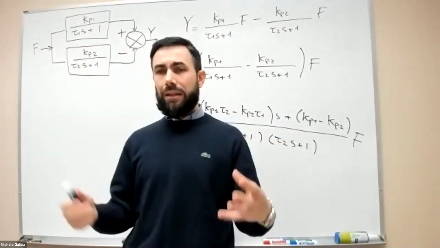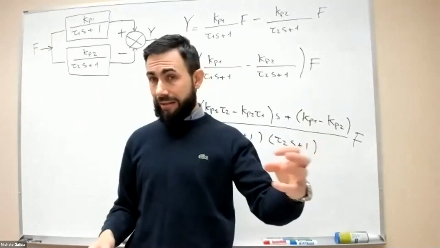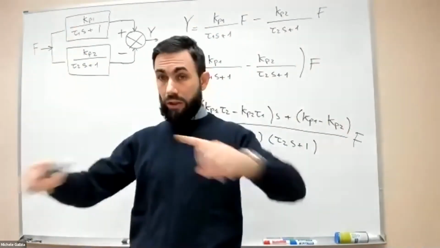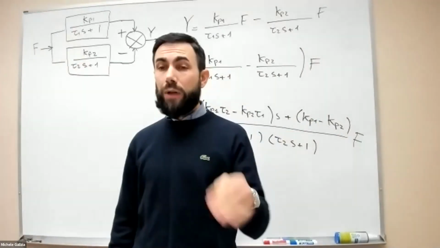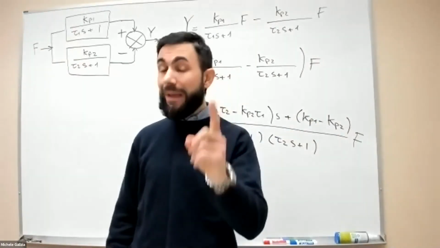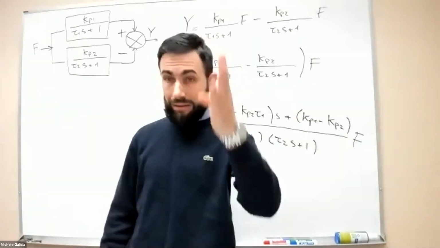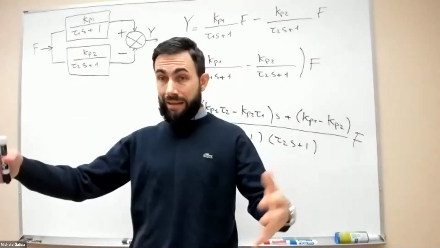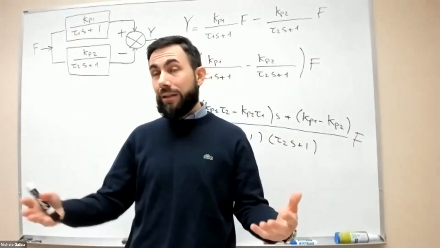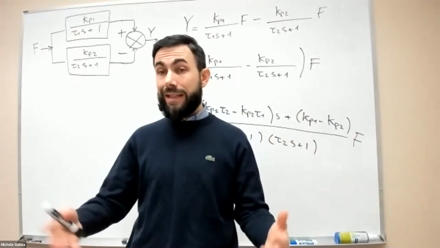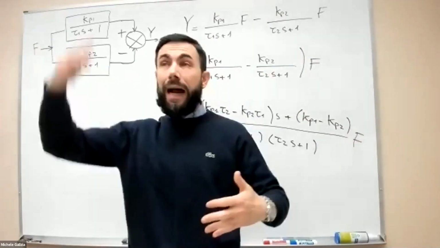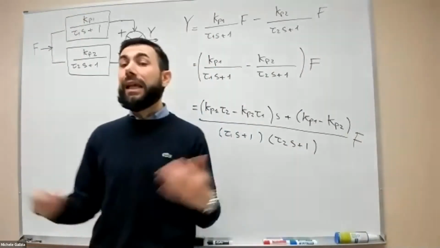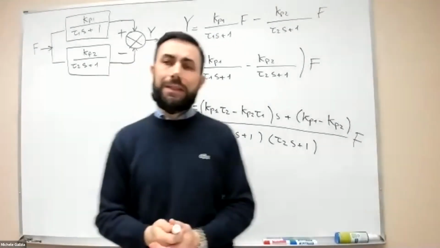We have seen that when you have systems in series, you can simplify and consider the overall system whose transfer function will be the product of the transfer functions of the single systems. So if you have 10 systems in series, you have the product of 10 transfer functions. And so the overall system will be higher order, will be sluggish. And we have discussed the practical implications of this.